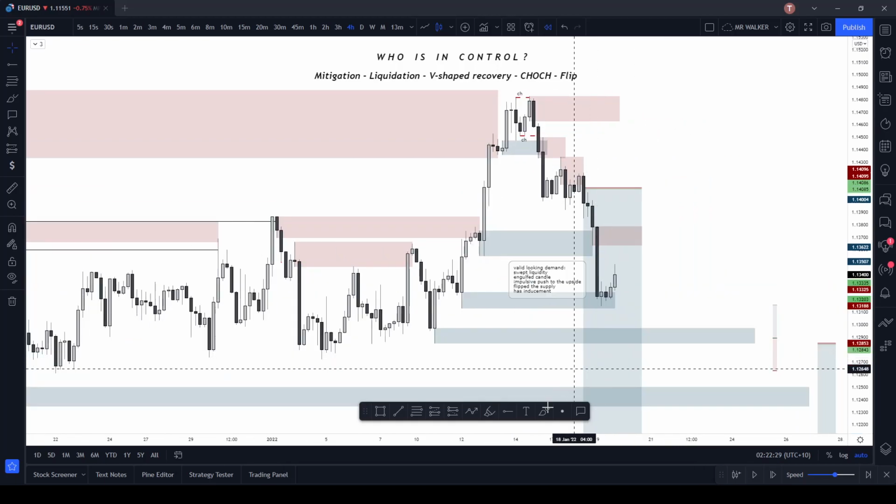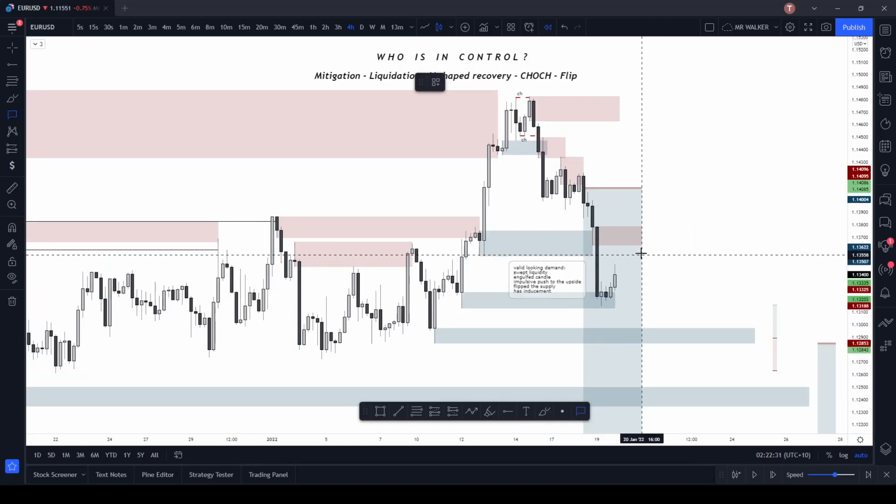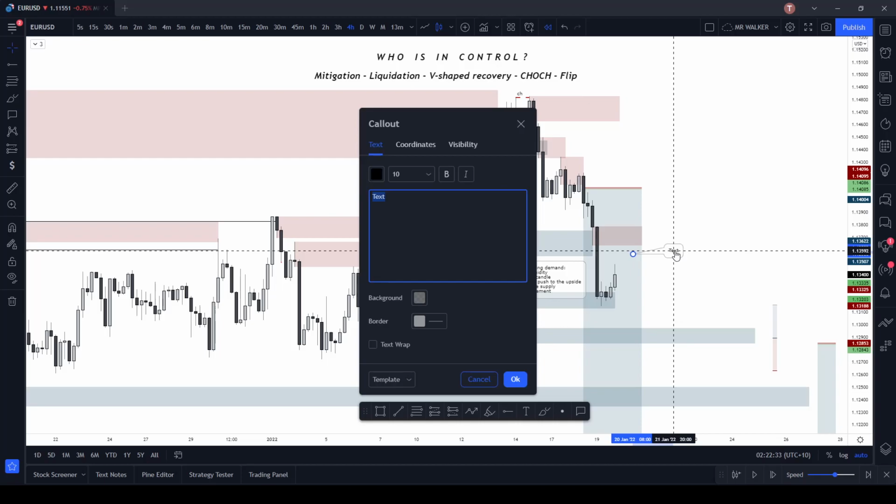Then I'm writing the anticipation or the target in here. Anticipation is that we will pull back to this supply. All right.